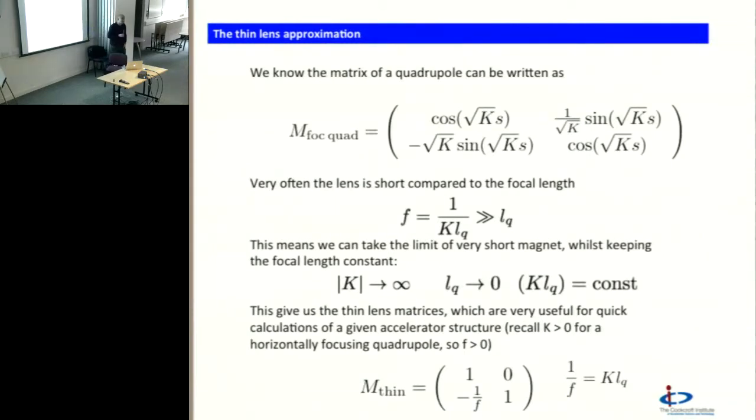This gives what's called a thin lens matrix for a quadrupole, which is really good for quick calculations of accelerator structures. And this is the answer. If you take the limit, try it on a piece of paper, you get this, where this is now the matrix representing the action of a thin lens quadrupole, where it has 1 on the diagonal, 0, and minus 1 over f in the 2,1 position, where f is defined as big K times L. So that's the focal length of the magnet.